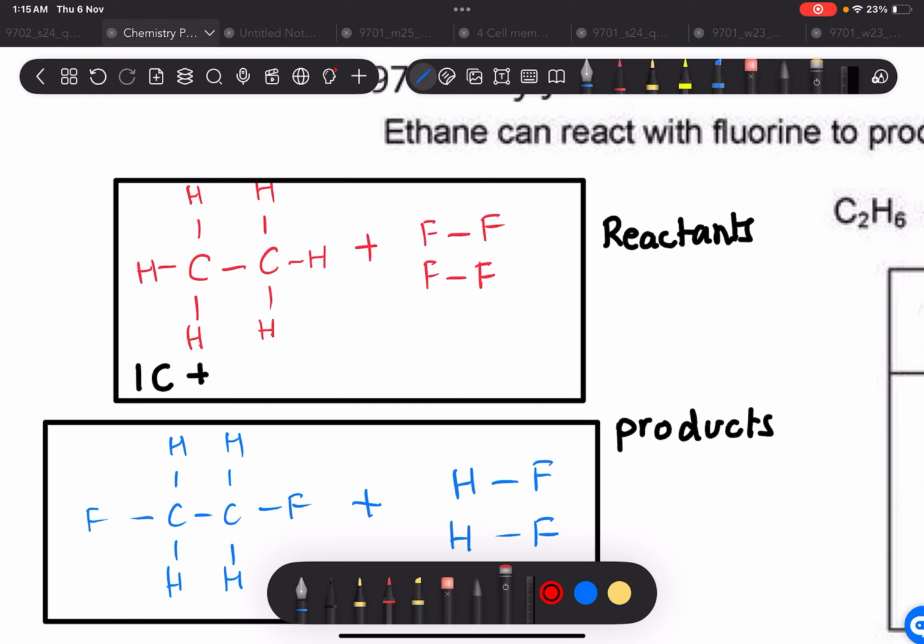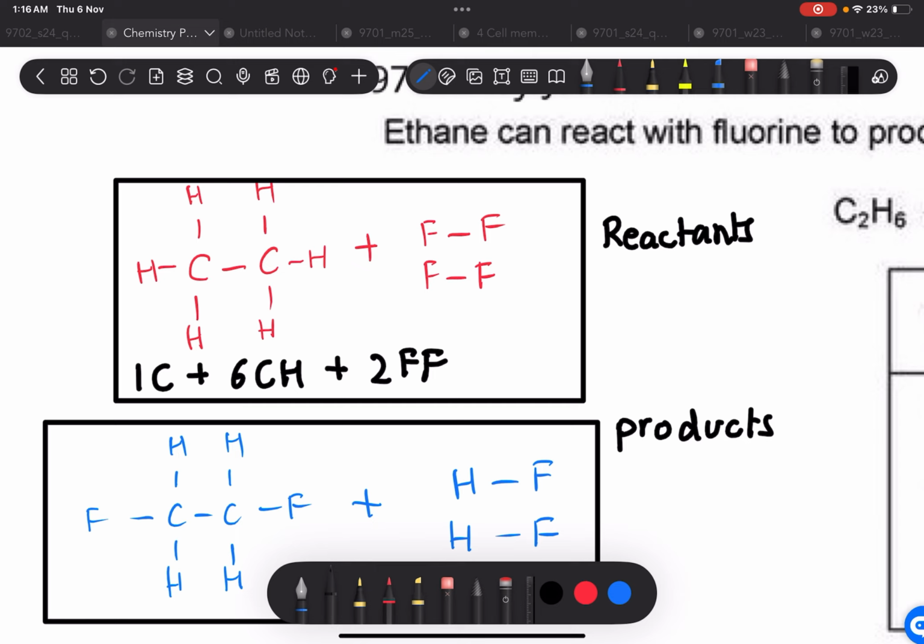I hope I make myself clear. Please don't mess this up. 6 CH bonds. Plus, you can see this is quite clear, there are 2 FF bonds.